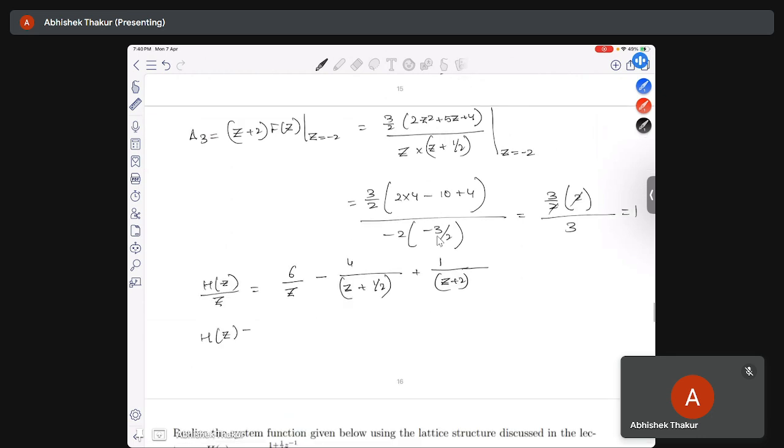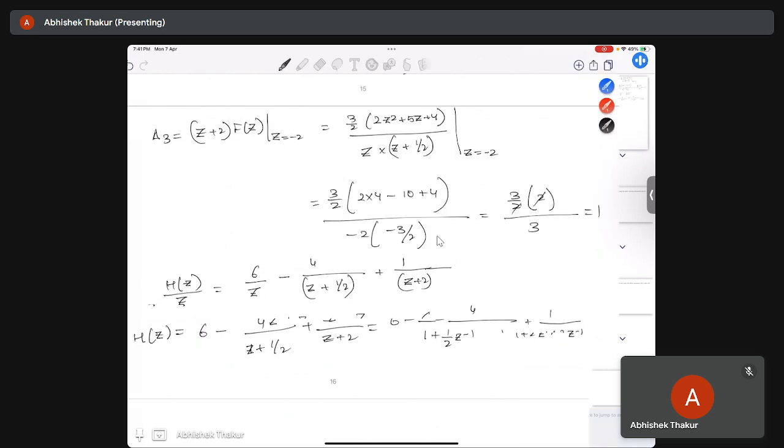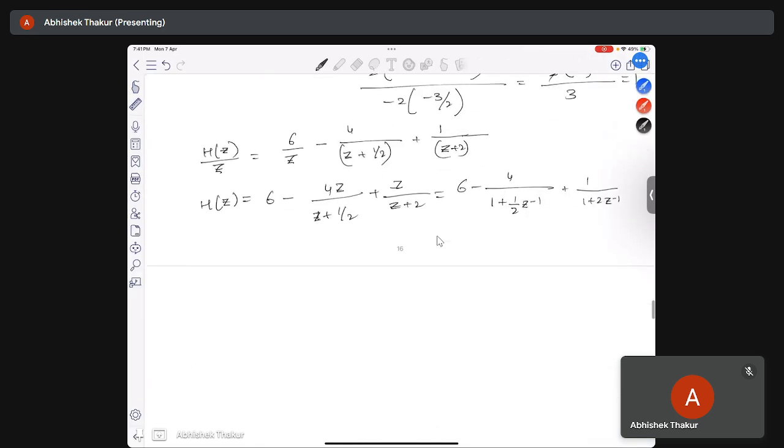So H(z) is equal to 6 minus 4z/(z + 1/2) plus z/(z + 2). So now we can write 6 minus 4/(1 + 1/2 z⁻¹) plus 1/(1 + 2z⁻¹). So now we can do this as a parallel realization. So this is our H(z).